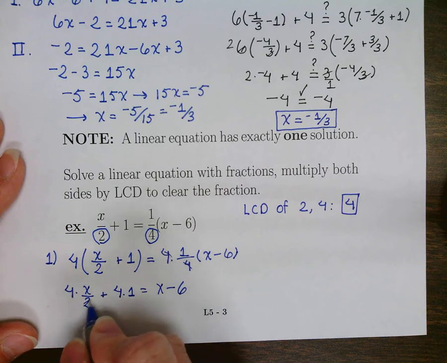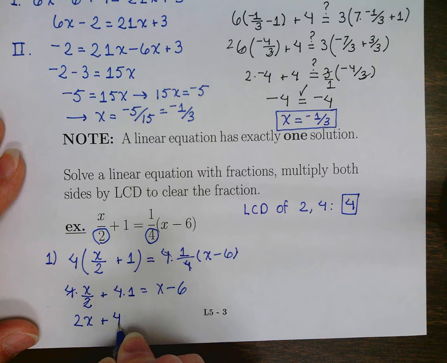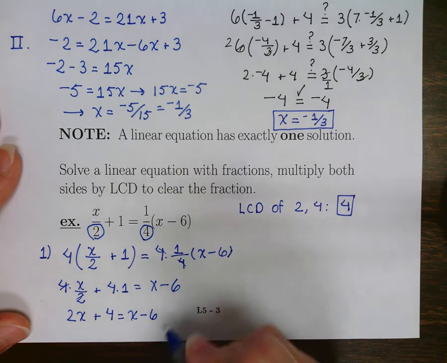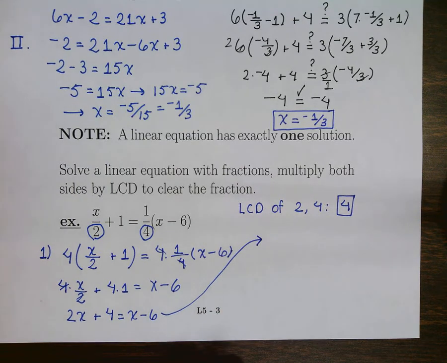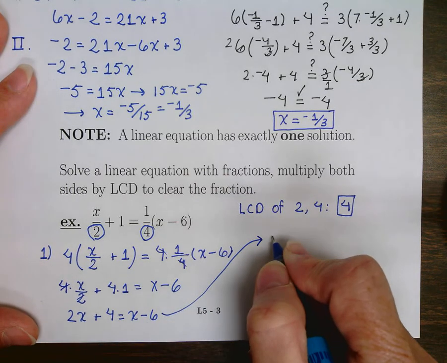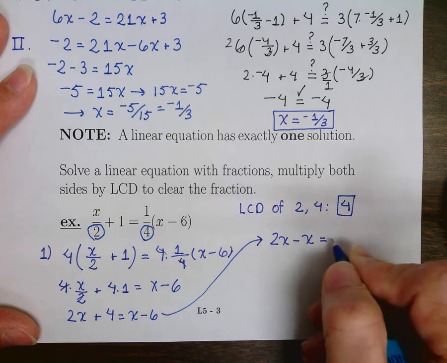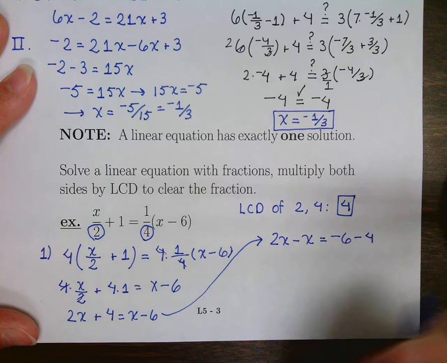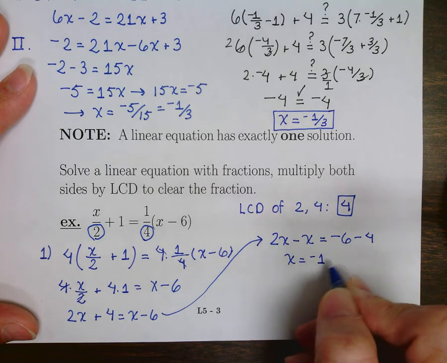And here I get a cancellation. So again, I can write that as a linear equation without any fractions. That's the whole idea of clearing fractions, is to rewrite it in a simpler form. And then let's solve that equation. I'll subtract x from both sides, and I'll subtract 4 from both sides. And so I get x equals negative 10.